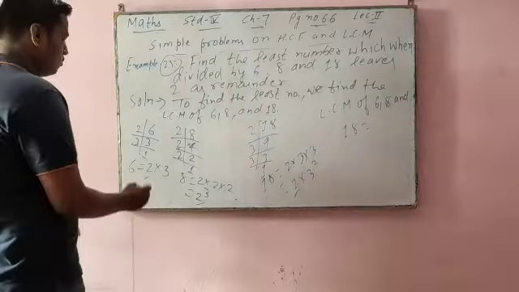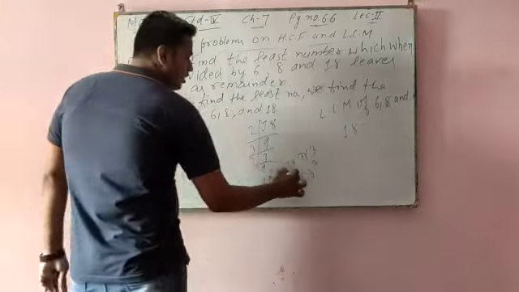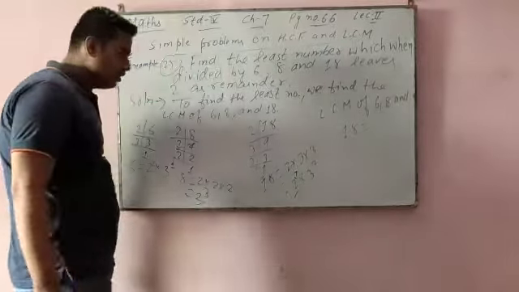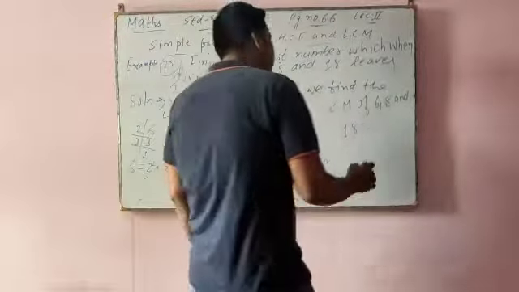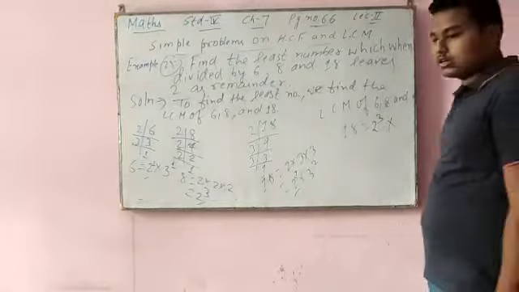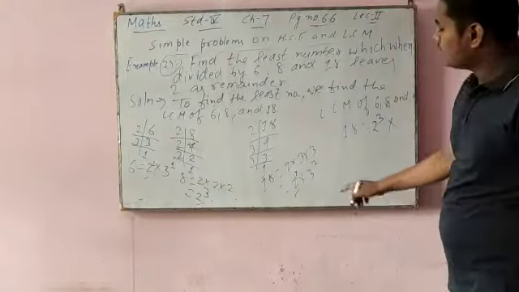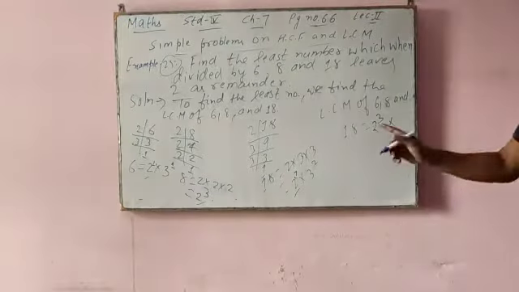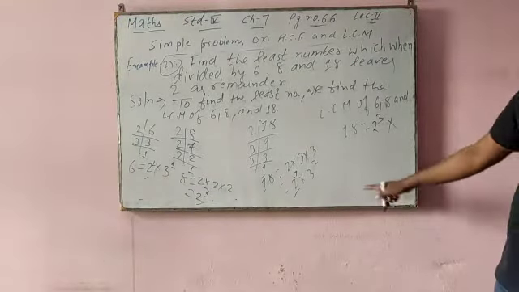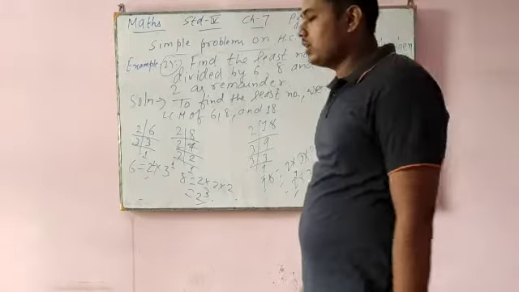Here the power is 1, here the power is 3, here the power is also 1. So we will take 2 to the power 3. Then give the multiply sign. Now come here. Here 3 to the power 1, here nothing, here 3 to the power 2. The common number is there, but whose power is more? This one. So 3 to the power 2. Now no number is left.